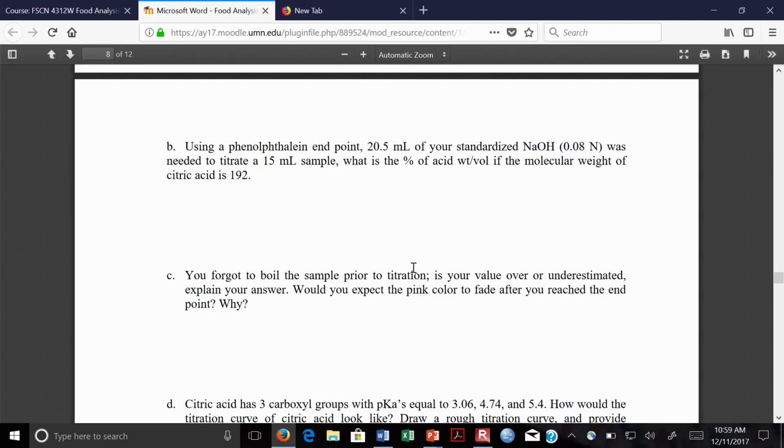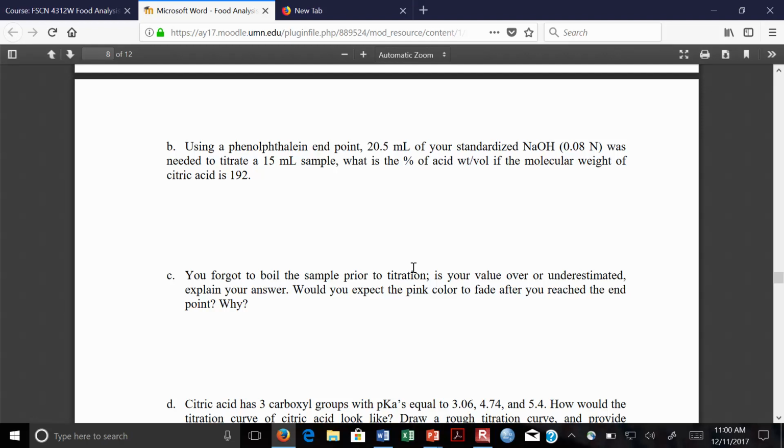So your equation is the same equation that we've all been using, the equivalence equation, in which you have the normality, let's say standardized at 0.1 normal NaOH, and 20.5 milliliters that you've used to titrate.